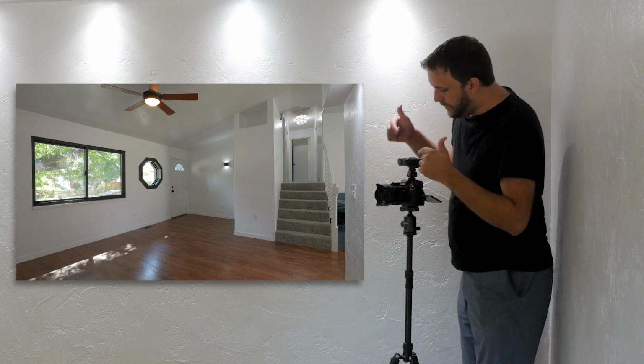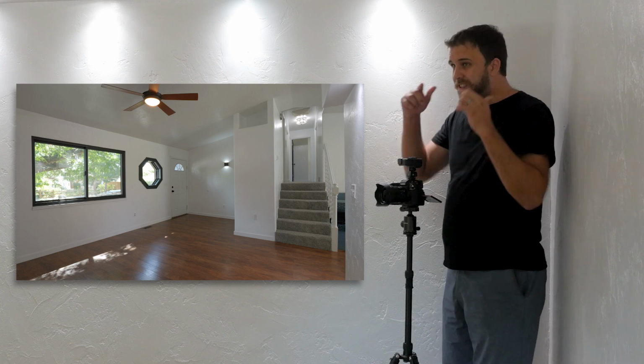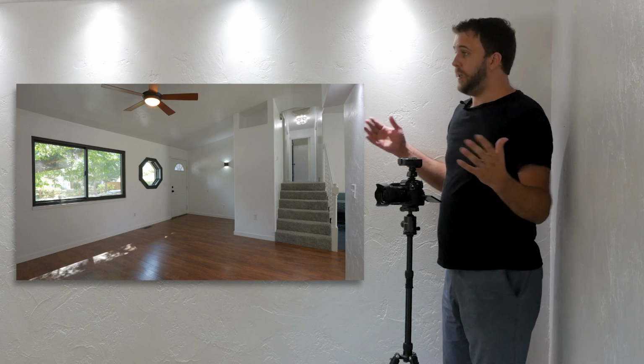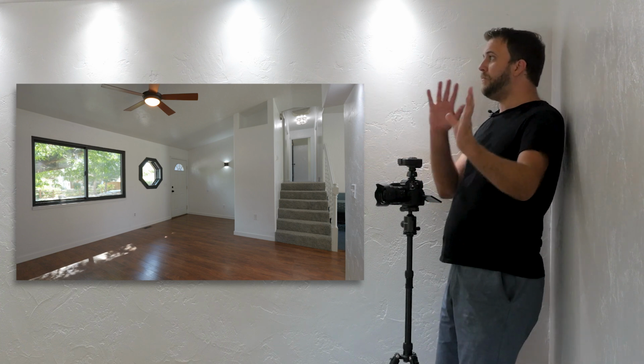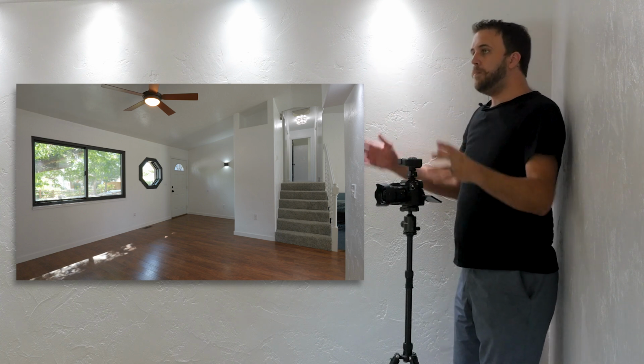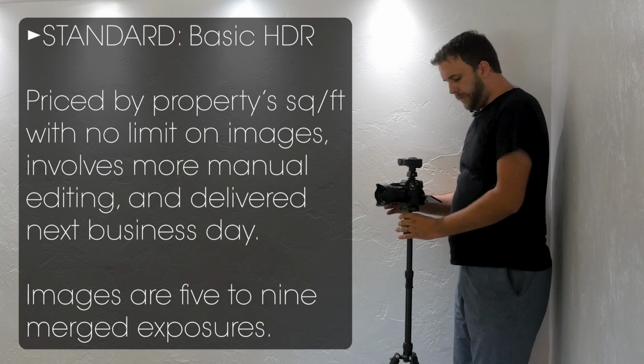And the dynamic range of a camera's lens and sensor is not as good as our eyes. They're getting better all the time, but they're not as good. So if you want to be able to show everything more color accurate, show better details in the shadows and the highlights, we will do standard photography.